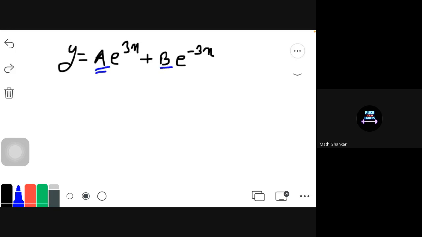Let us see one more. So here we have y is equal to a into e raised to 3x plus b into e raised to minus 3x. Now, how many arbitrary constants are there? 2.